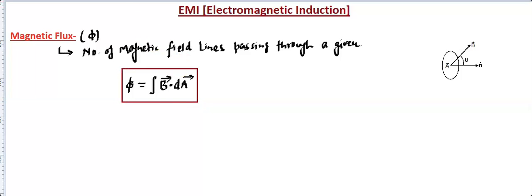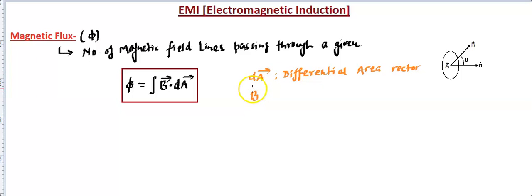And here, let me say what the terms are. dA is the differential area vector perpendicular to the surface. You have understood this area can be made a vector by giving the direction perpendicular to the surface.